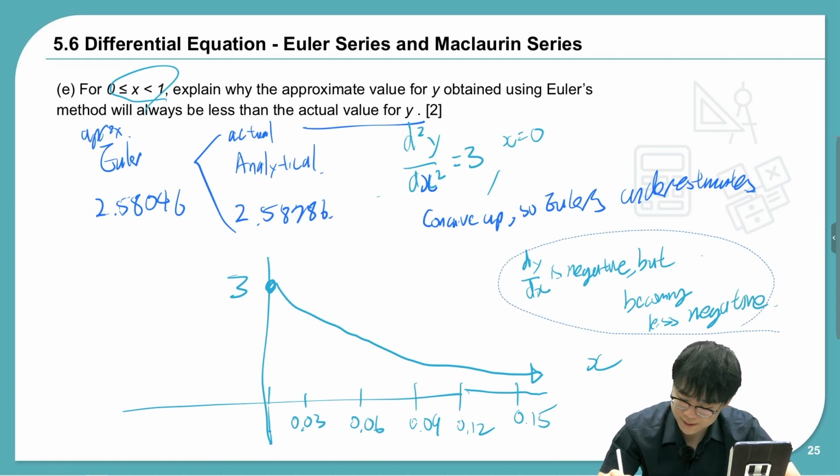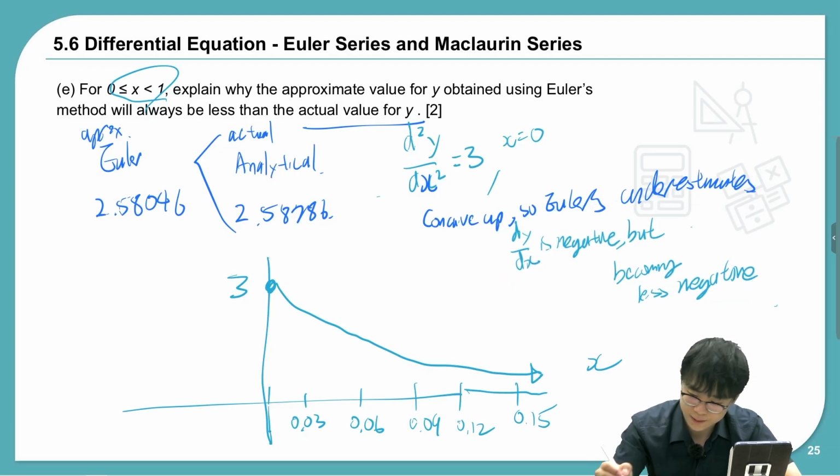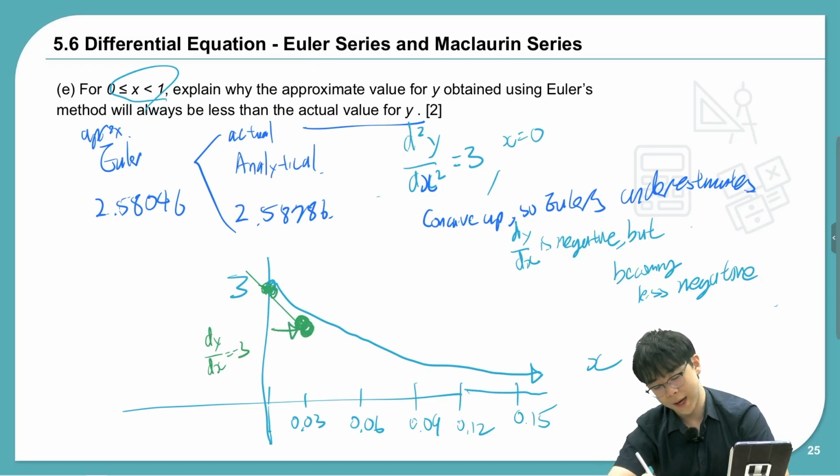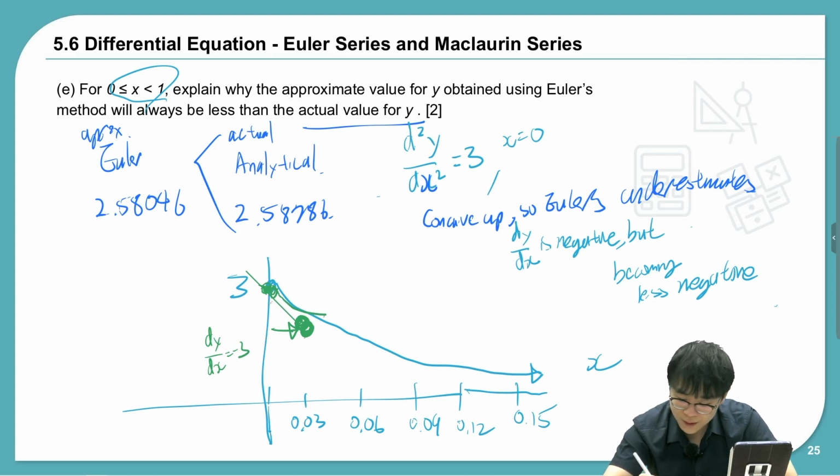So we're going to have a steep dive at the first part. So when we found dy over dx at the beginning, the slope was -3. So we assume that we go by 0.03, and we had our value of y here. So this would be clearly lower than that, because the actual slope is becoming less negative, but we're assuming it holds true. Then we calculated the new slope here, and then we went by 0.03.